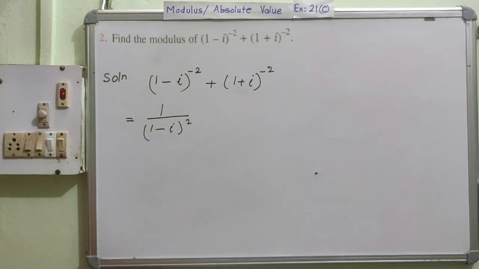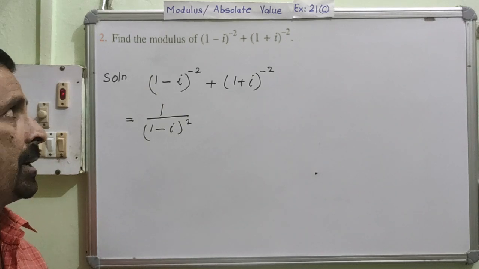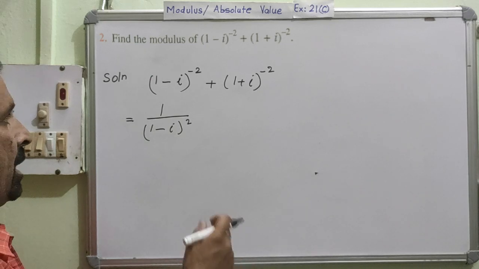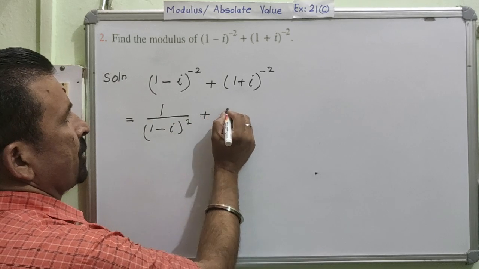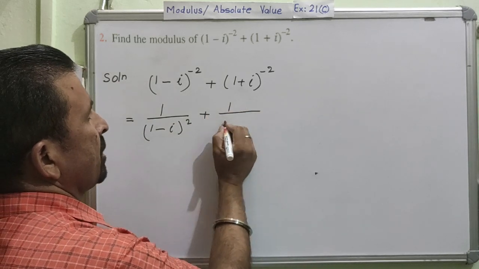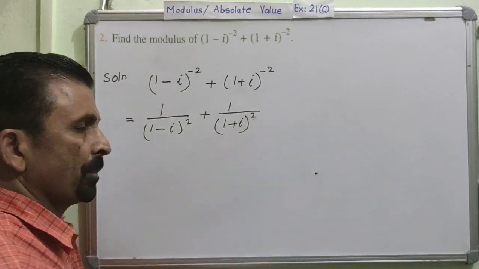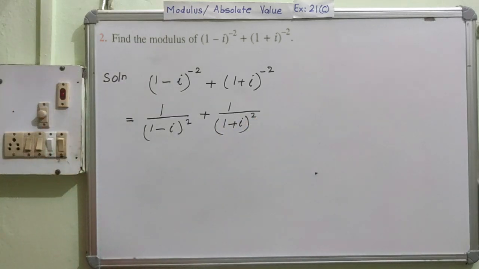You know, like the exponential law that we have studied in class 9, if you shift the portion of the exponential number, then the sign of the power will change. So this is becoming now positive. Likewise, the other term also we can do the same thing. We will write this as 1 plus i to the power 2. Is this okay? Both became positive.